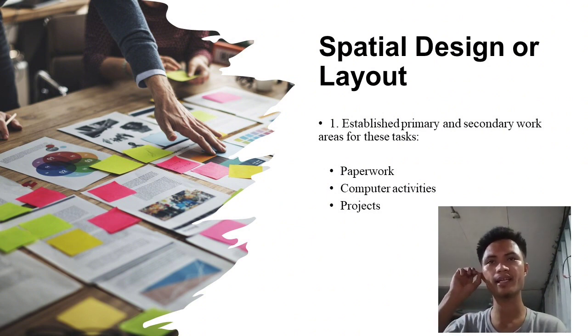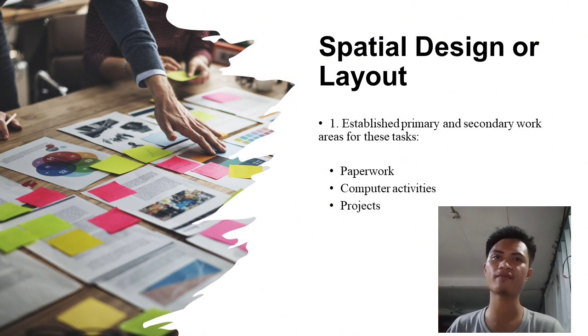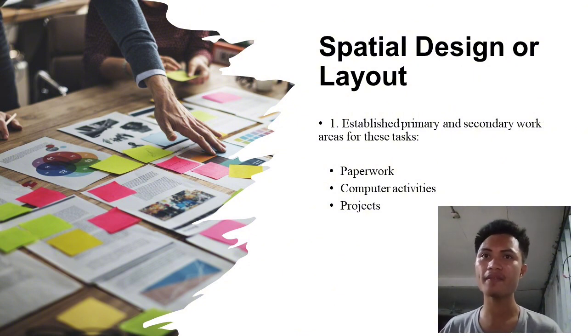Computer activities. The primary work area is best suited to a configured desk with a computer or laptop, comfortable chair, keyboard, and a mouse. It considers ergonomic factors to reduce strain during prolonged computer use.